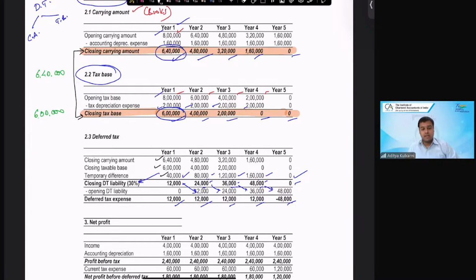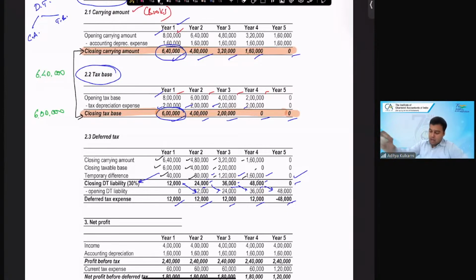I'll come to DTL etc. a little later. Second year, 4 lakh 80,000 carrying amount, tax base 4 lakh. Year 3, 3 lakh 20, 2 lakh. 1 lakh 60, 0, 1 lakh 60. Up till here, is it okay? Okay, yes, sir.